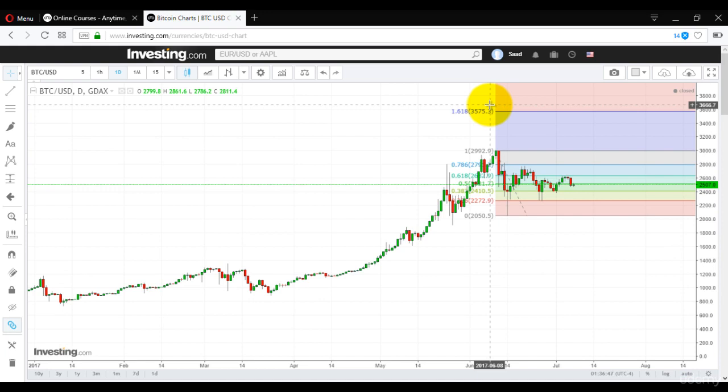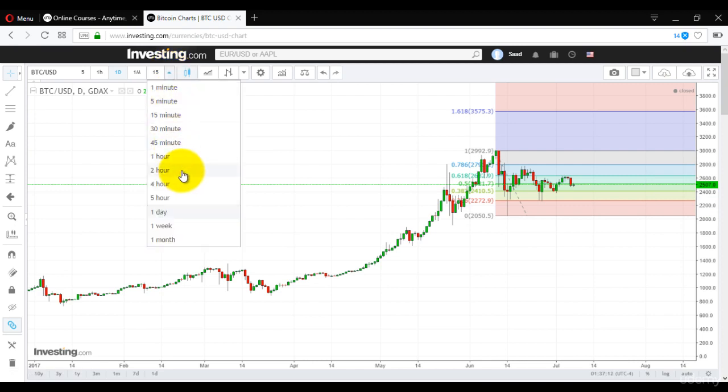So currently I am bullish on Bitcoin. There is nothing to stop it. It may fall till 2272. Right here it's written. But it will rise up because this low really helps it to make higher highs.